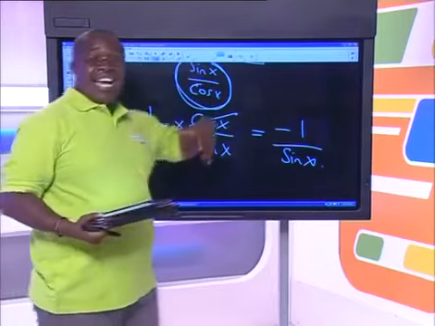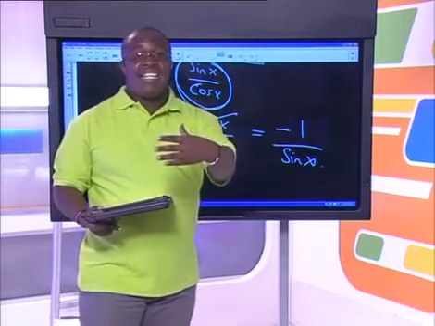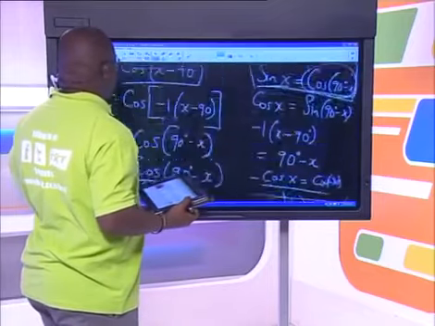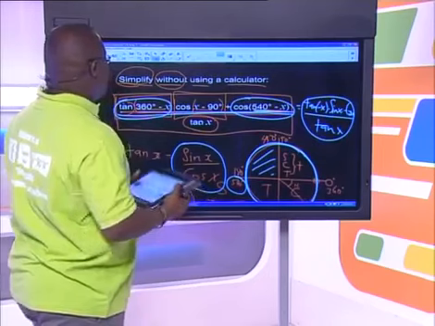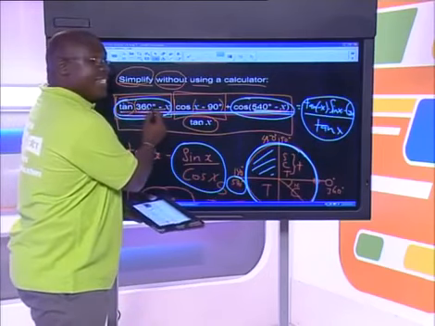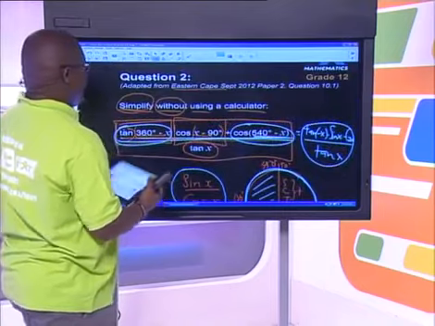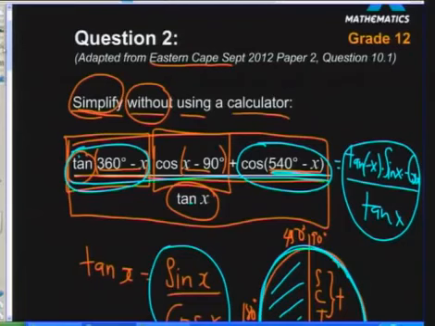Let me just do a high-level overview of what I've done here so that at least you might remember the steps. So here's what we did. Our original question was tan 360 degrees minus x multiplied by cos x minus 90.